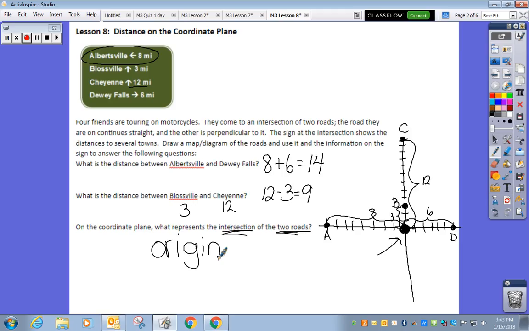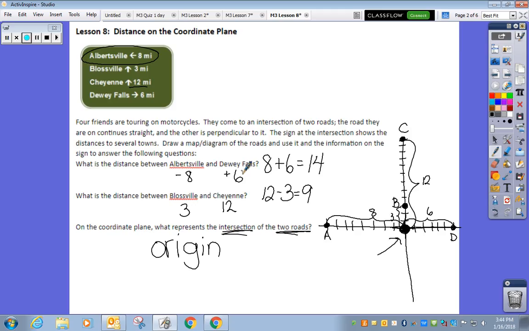Okay, so what is happening here is we really have to look at the numbers. Albertsville, if it's to my left, would be a -8, and Dewey Falls to my right would be a +6. Since they're opposite sides of me, I'm going to add them together. But I'm not adding a -8 and a +6. I'm adding their distance from me together.